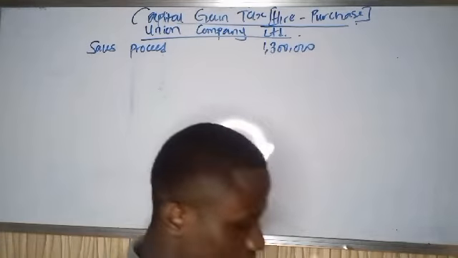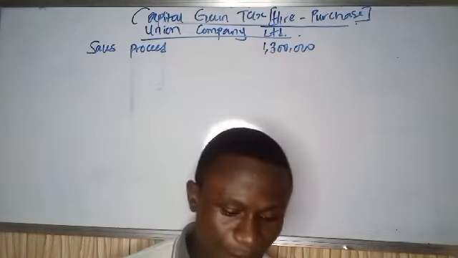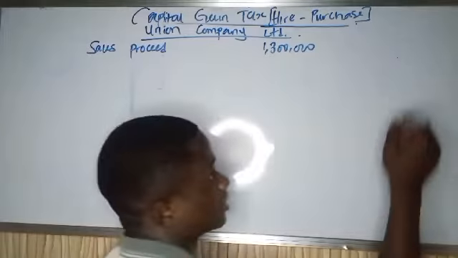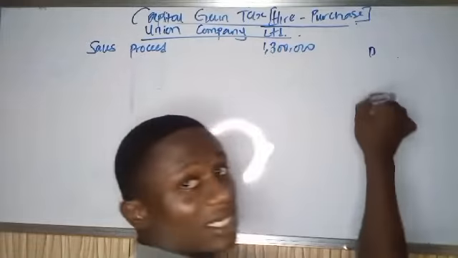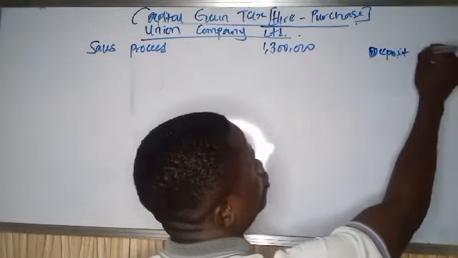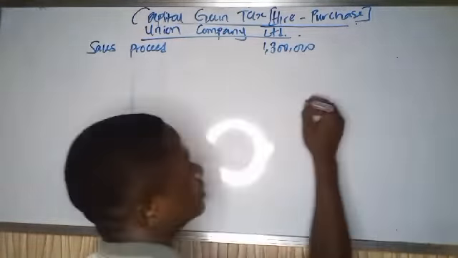What is this deposit? From the question, we're told that the deposit paid for the purchase was 250,000. So he has made a deposit of 250,000. This is just a rough calculation.